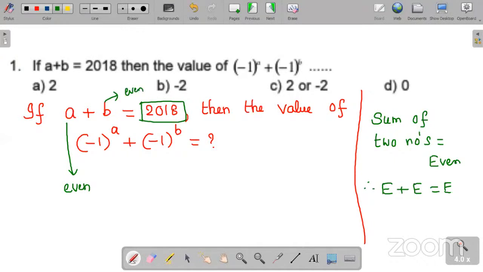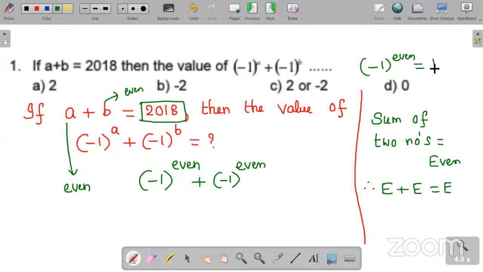So we are asked minus 1 to the power of even plus minus 1 to the power of even. Minus 1 to the power of even is 1. Minus 1 to the power of an odd number is always negative 1. So you get 1 plus 1, which is 2. Answer is 2.